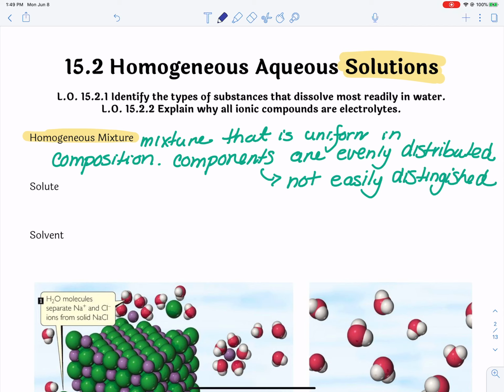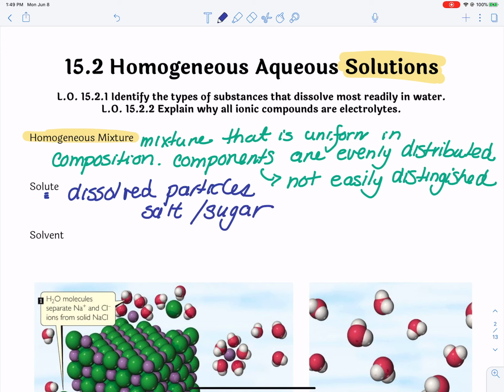And the solute, I always say, is what you dissolve. So it's the dissolved particles. In my examples of salt water, this is the salt, this is the sugar. What is the solvent? It's the dissolving medium.